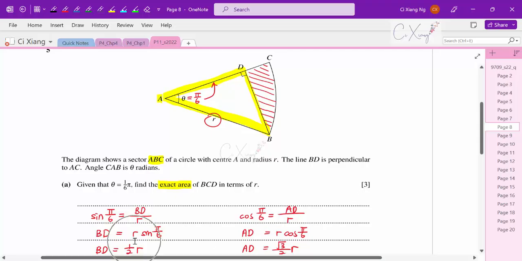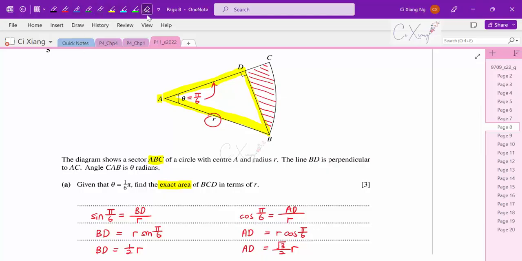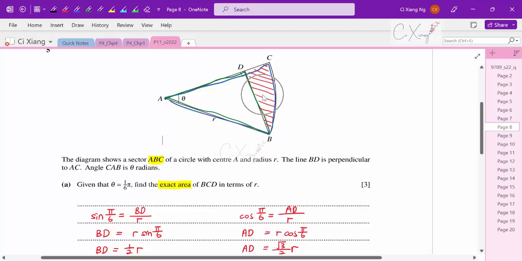After getting these two lengths, AD and BD, in terms of R, we can proceed with the area of BCD. If you have a look at the diagram, basically you are using the sector area minus the triangle area, then you'll get the shaded area that we want.